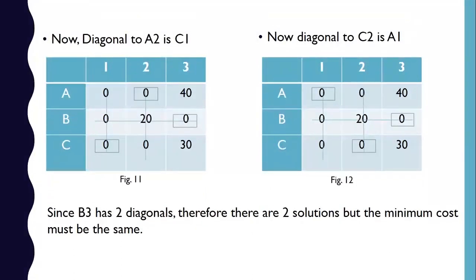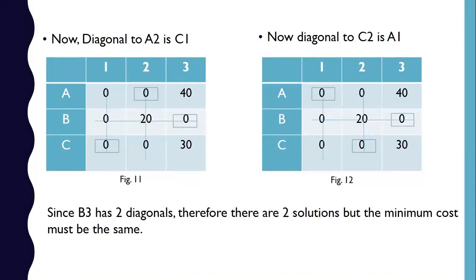Why is it C1 and not B1? Because B1 has already been struck off. Similarly, we take that C1 value and put that in a box and strike it with a vertical line. And the diagonal to C2 is A1, and we put that in a box and strike it with a line.